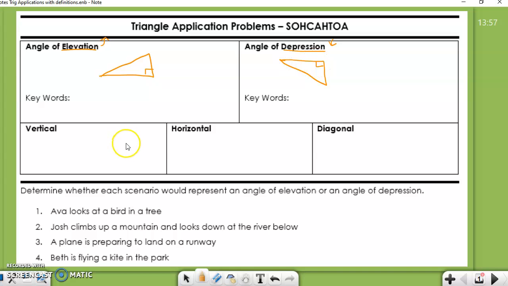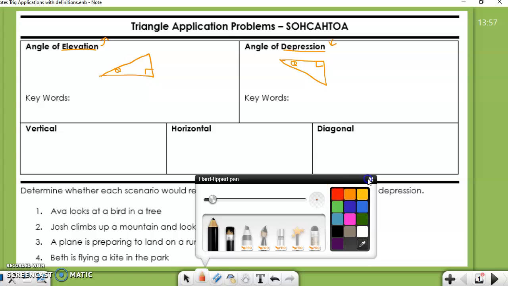The first thing I want you to realize is that I'm going to label thetas here. Angles of elevation and depression are always built off of horizontal lines.